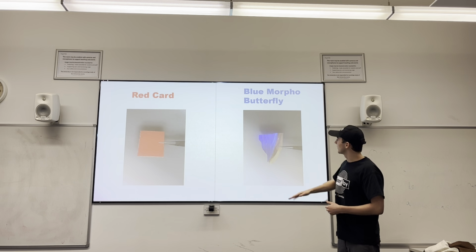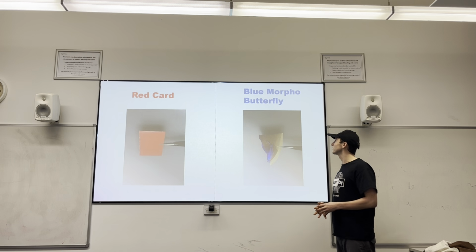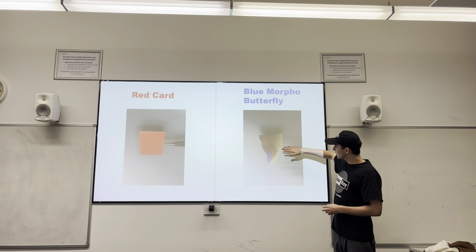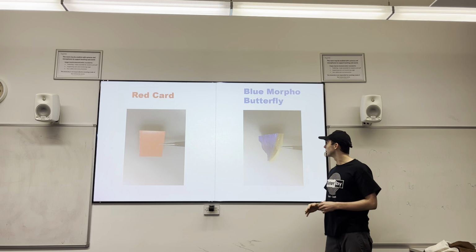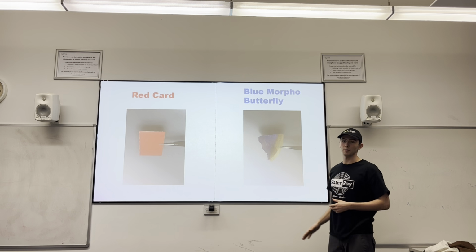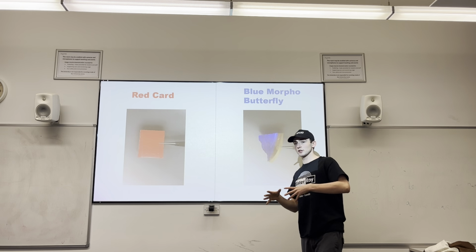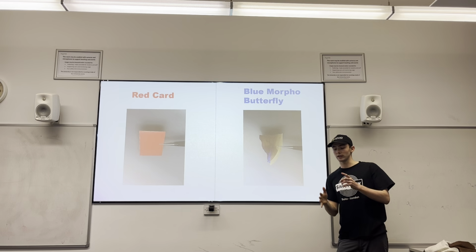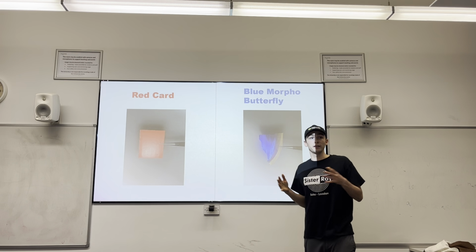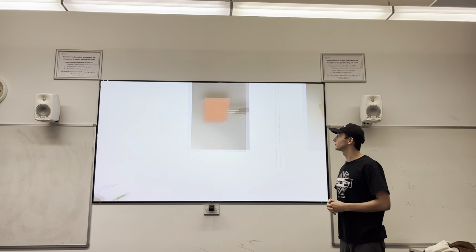But if you look here, a sample of blue morpho butterfly, as we change the angle of the light incident upon it, we get very bright flashes of blue, and the wavelength of the light coming off of it changes. This is because the structure is dependent on the angle of incidence onto the sample, and this is what my experiment is all about.